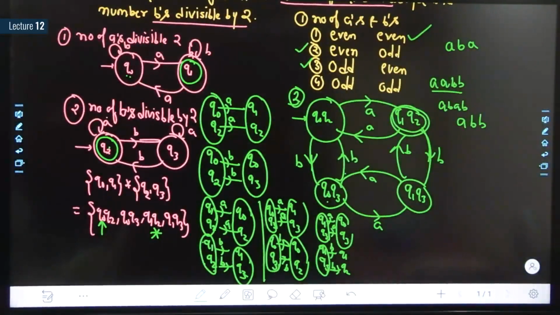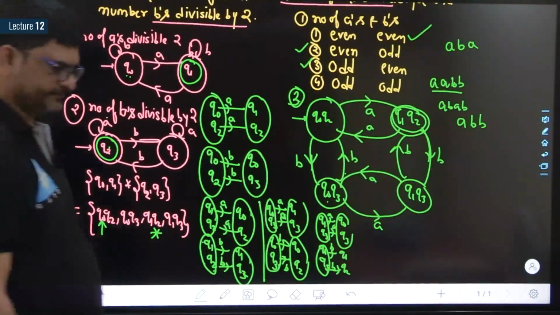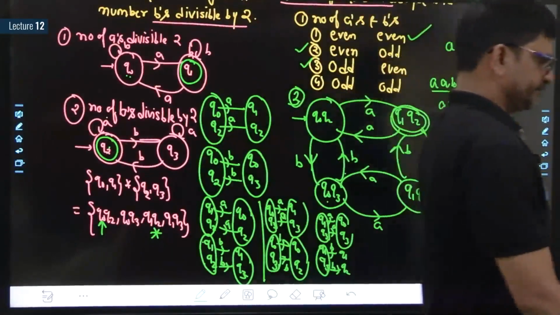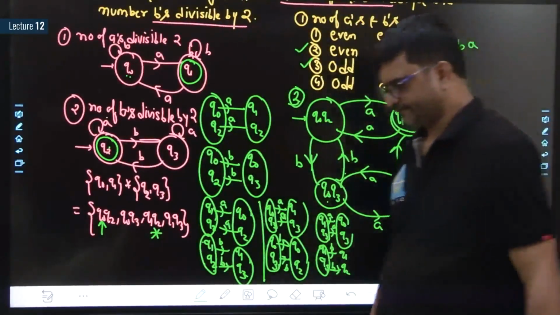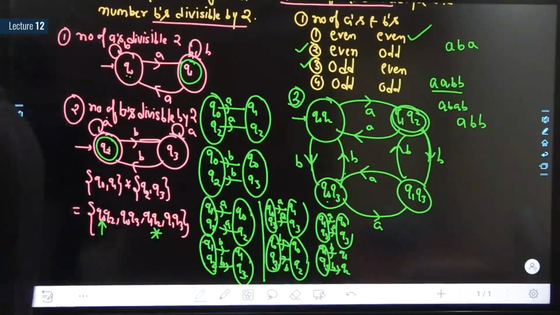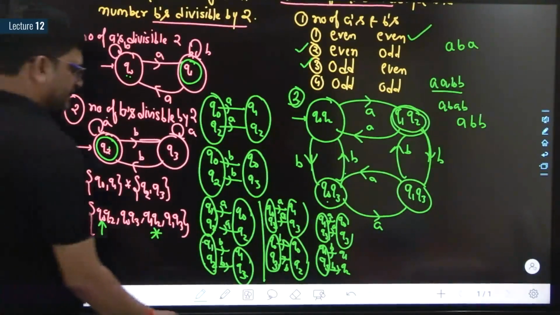Try to do question number 4. Okay, now check. What are the changes?